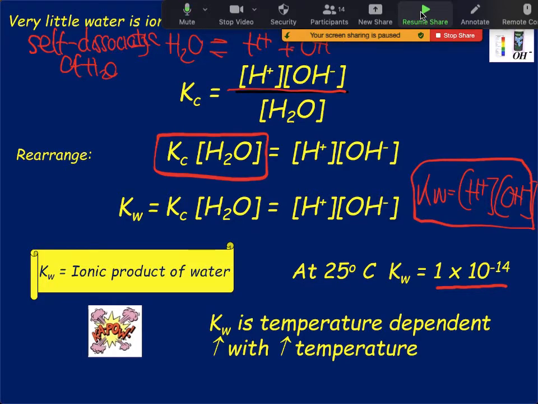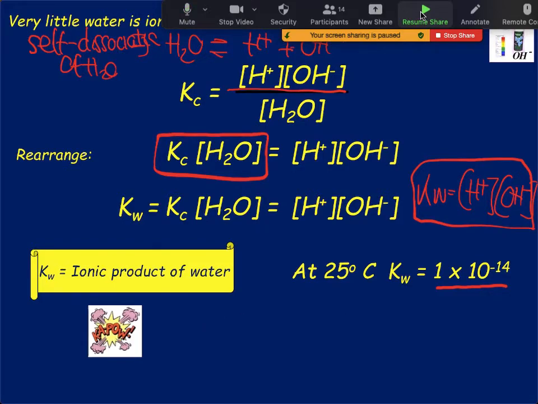So can you remember when we did Kc, what things would change your Kc concentration? Remember, we did all the equilibrium scenarios. If you change the pressure, that doesn't have an effect on Kc. If you change the concentration, that doesn't have an effect on Kc because of Le Chatelier. It's going to shift to minimize.